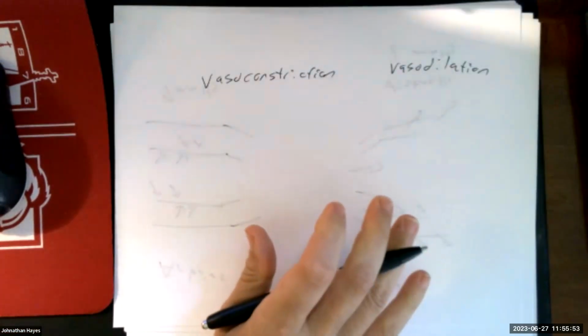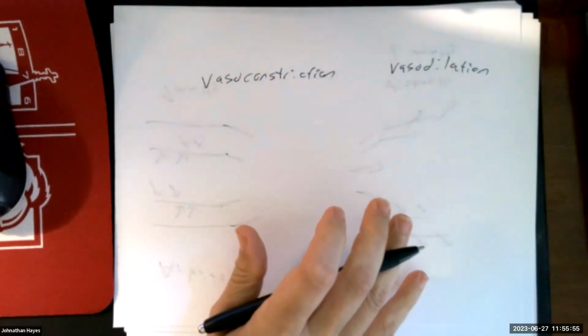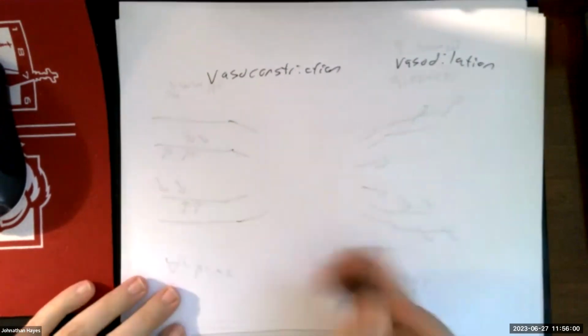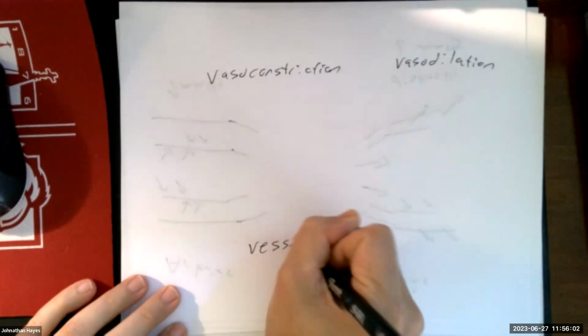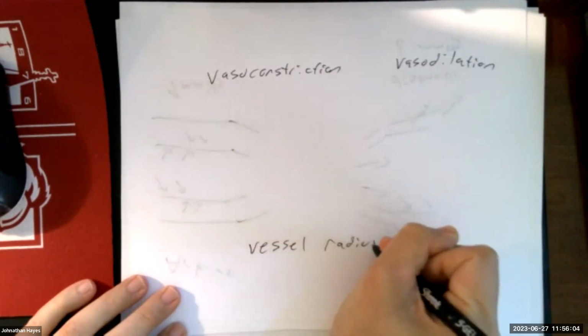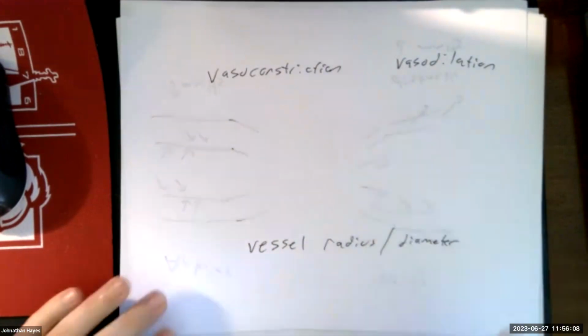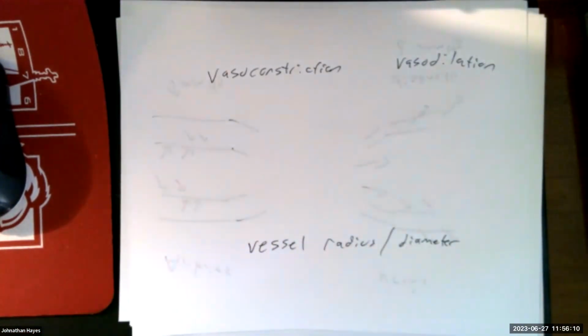The reason that's important is one of the main contributors to pressure and peripheral resistance is vessel diameter, or vessel radius.